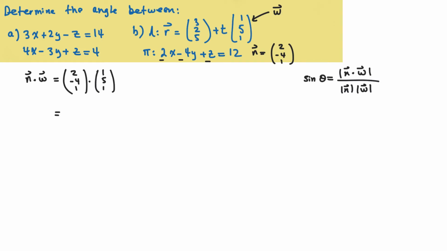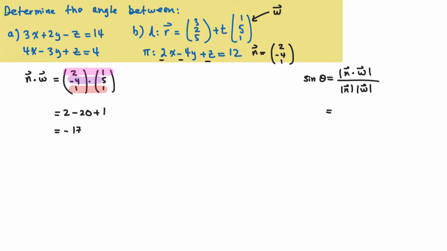We will multiply the x together, the y together, and the z together, and then add them all up. For x, we get 2 times 1, which is 2. We get -4 times 5 for y, which is -20, and 1 times 1, which is 1. 2 plus 1 is 3, minus 20 is -17, so that's the dot product.